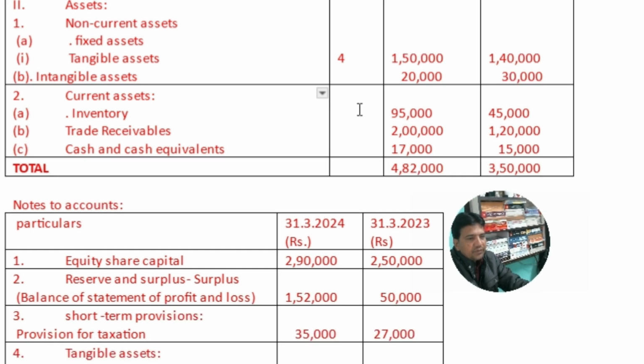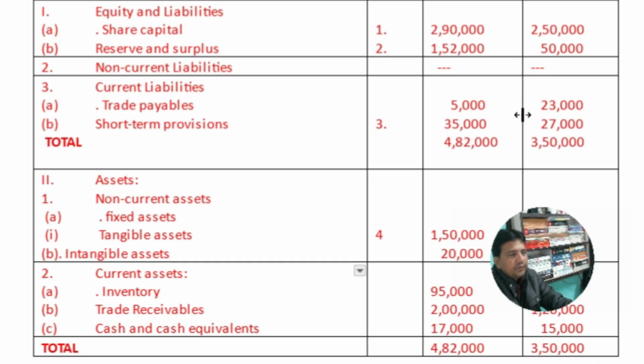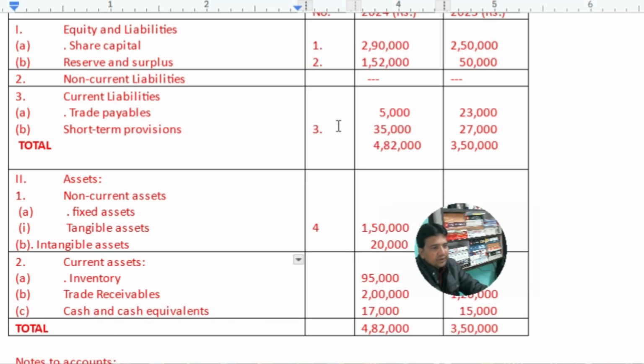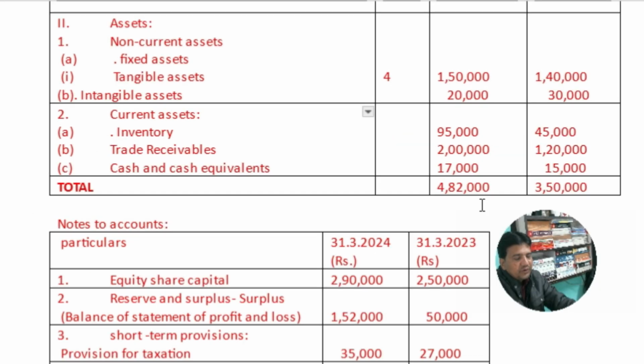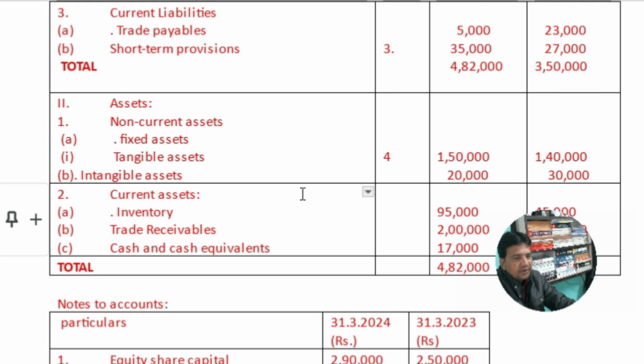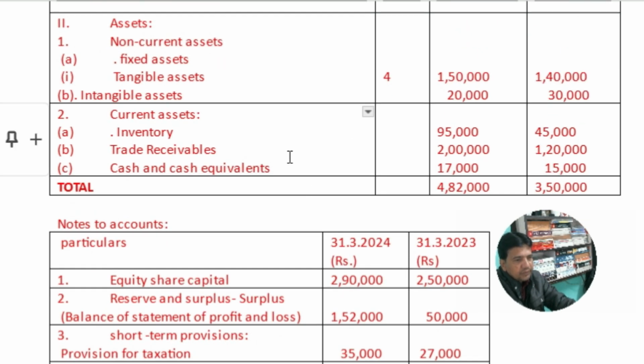Let's see the current liabilities. Trade payables decreased from 23,000 to 5,000. Short-term provision is considered at the top while calculating net profit before tax. That means there is no item of current asset which is decreased and no item of current liability which is increased.